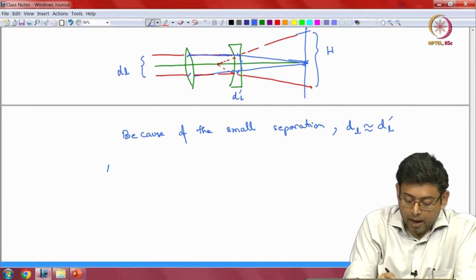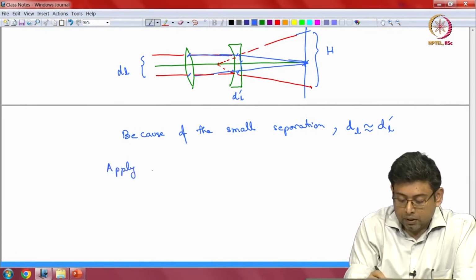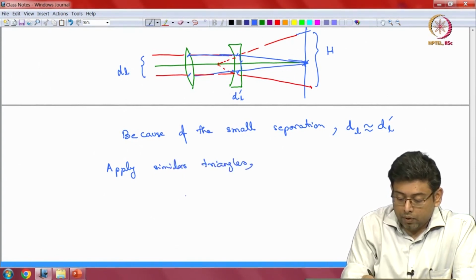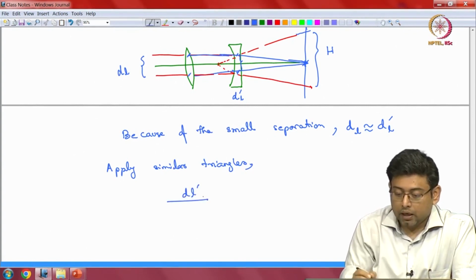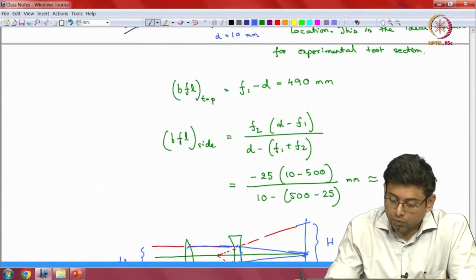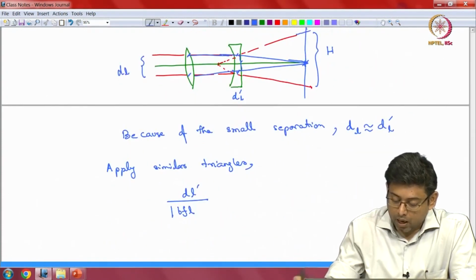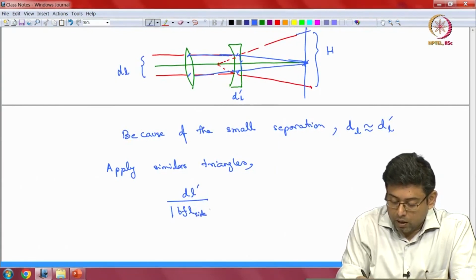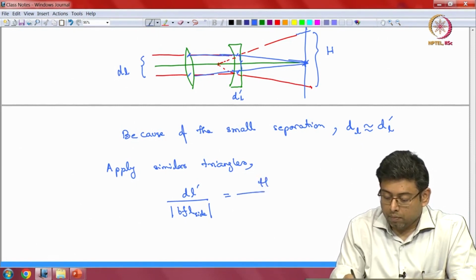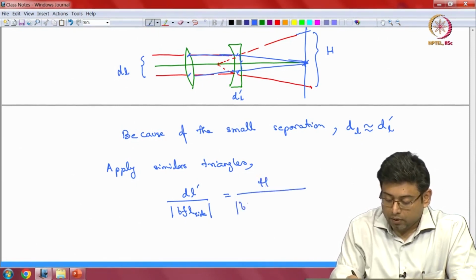So, applying similar triangles, you have dl dash by the back focal length BFL side is equal to H by the absolute value of BFL side.